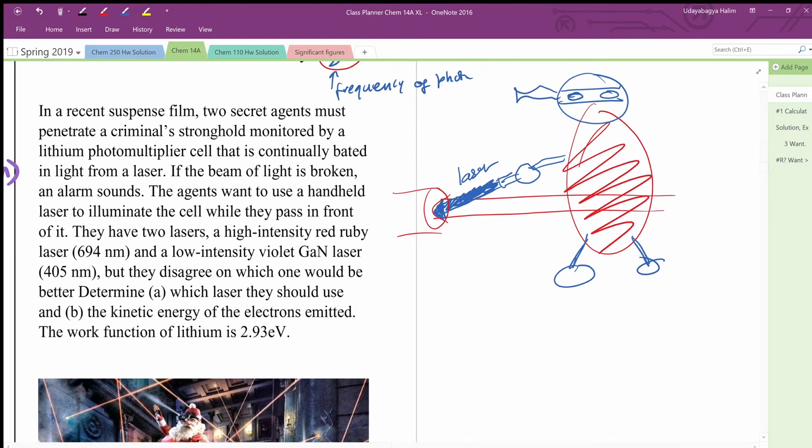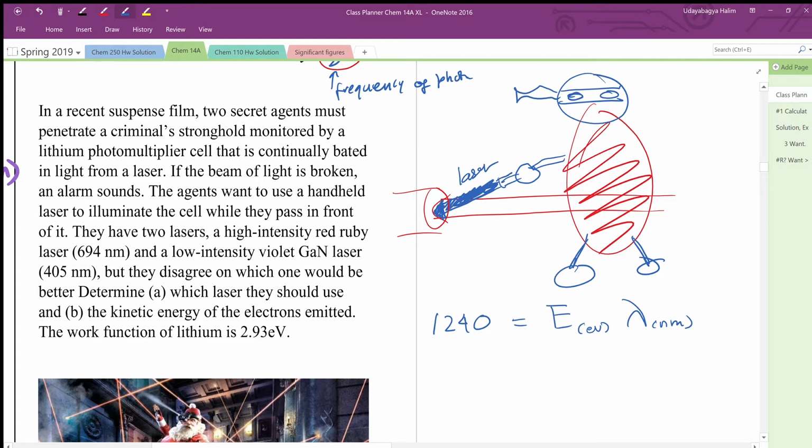There's a reason why I introduced 1240 equals the energy of your photon in electron volts times the wavelength in nanometers. Partly because this is the unit that you're going to work with most of the time.